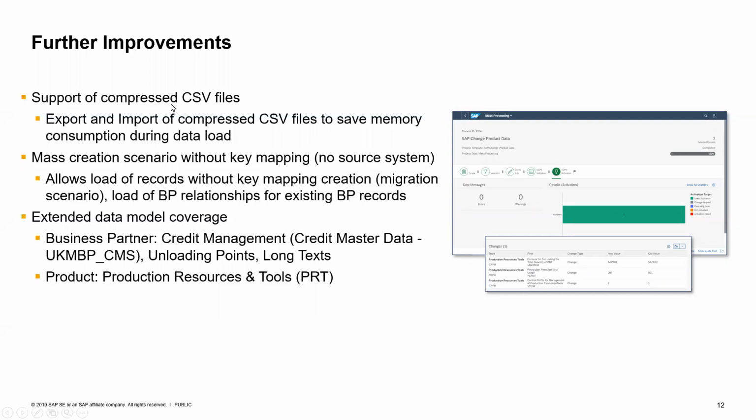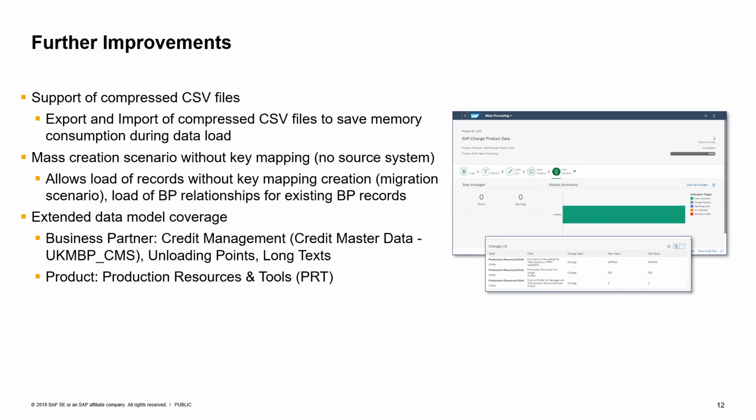Then we also support a mass creation scenario without key mapping. If you have already used the consolidation and you want to use it for a migration use case, for example, then you just want to load the data. You're not interested in the system creating key mapping at the end of the process, because this is the standard behavior, which is important for continuously loading data, but for migration, it's not necessary.